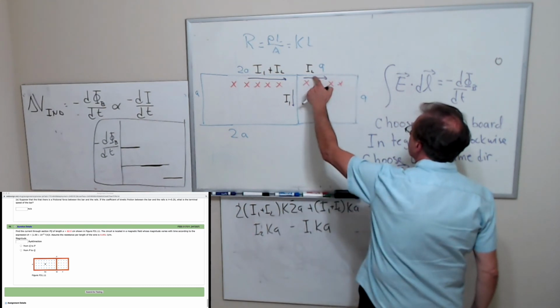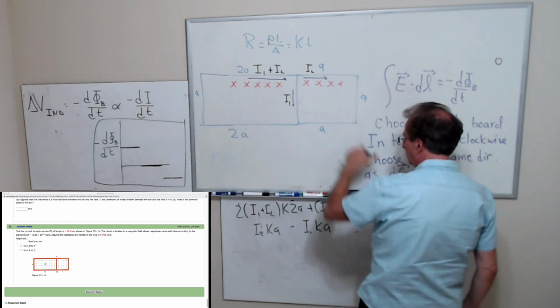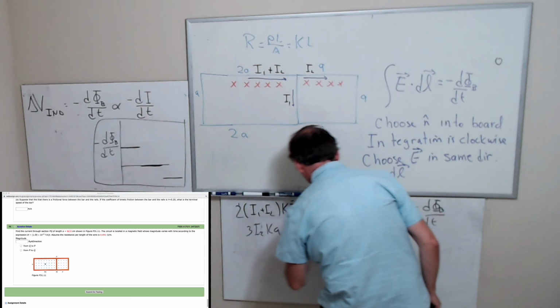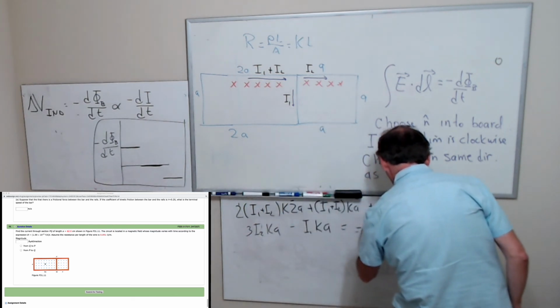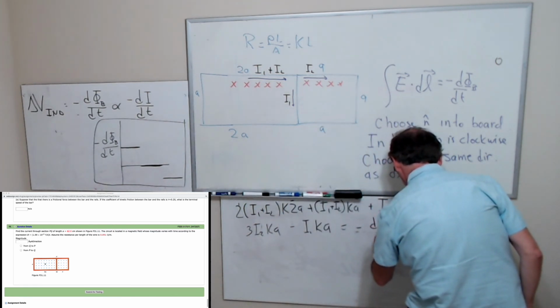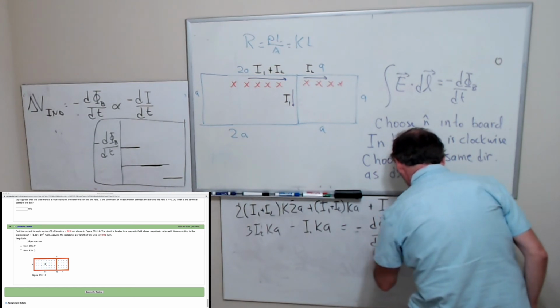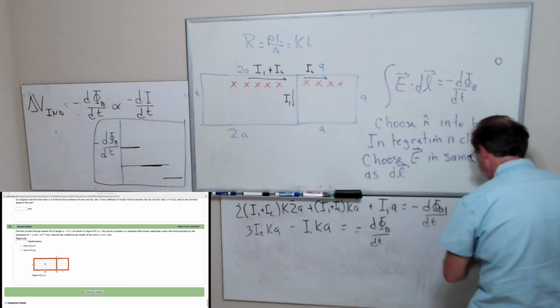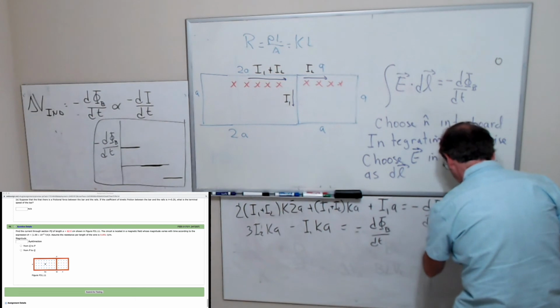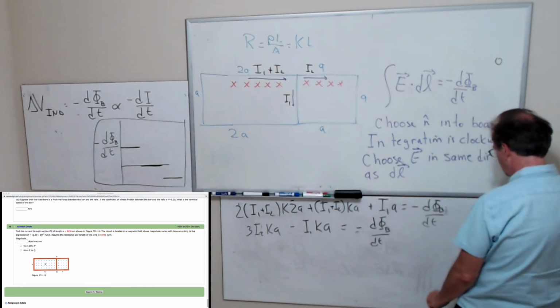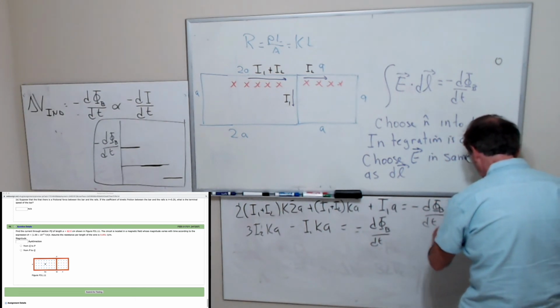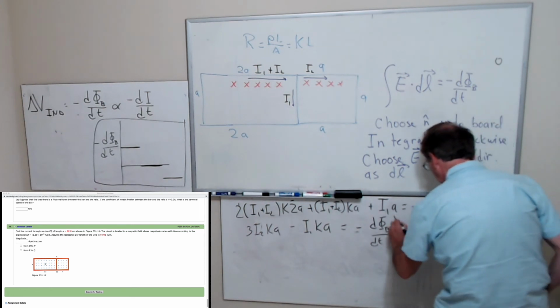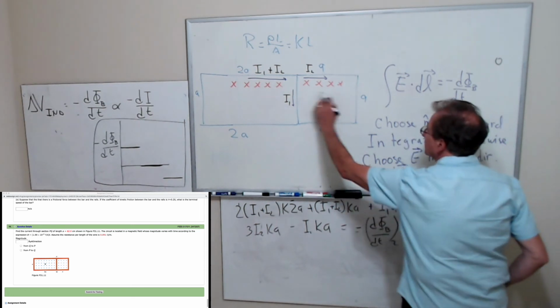And in fact, one thing I forgot: these two legs. There's 3 of them. So I'm going to call this d phi B1, I'm going to call this 1, and I'm going to call this 2, because these areas are different.